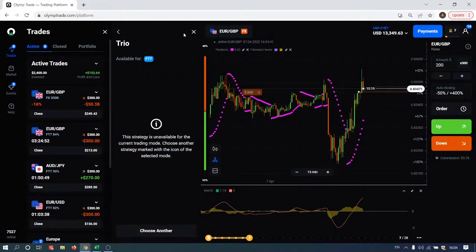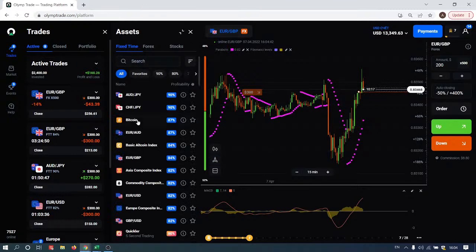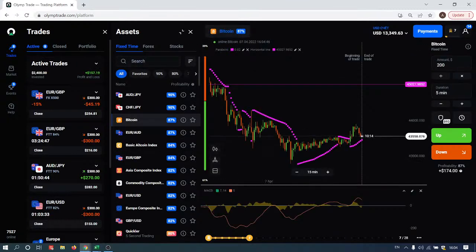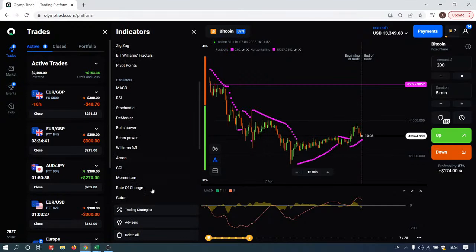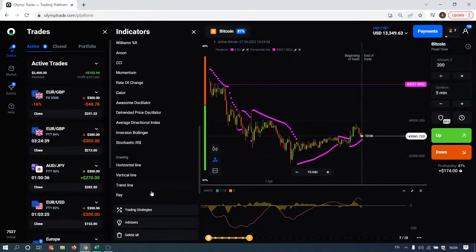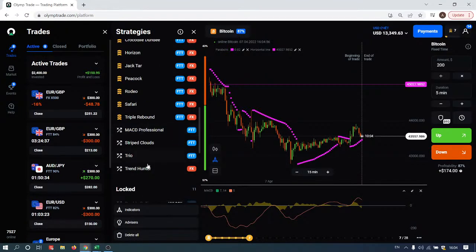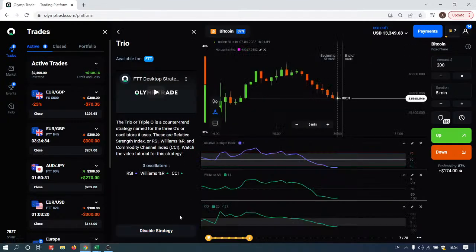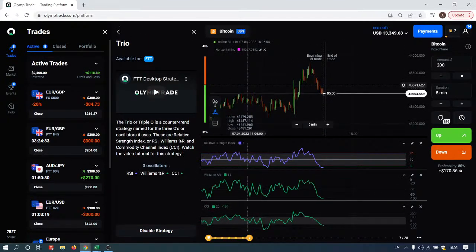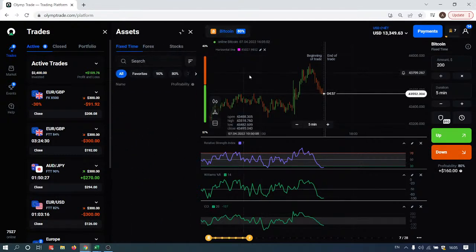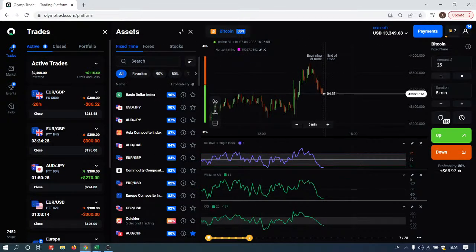I've already purchased this trading strategy, but it's mostly applicable to FTT mode of trading. So you have to switch to FTT mode first, and then you will see this strategy here. You press enable trading strategy, and voila, here it is.